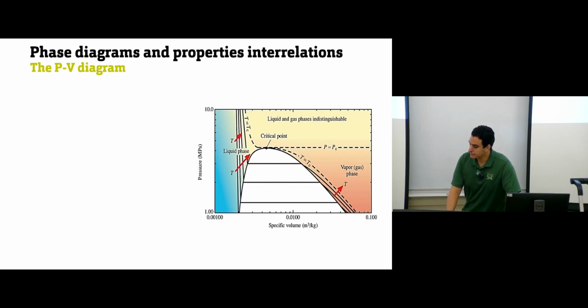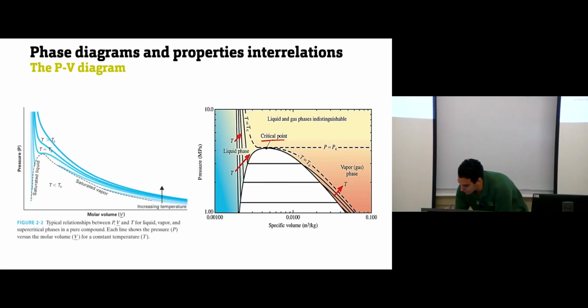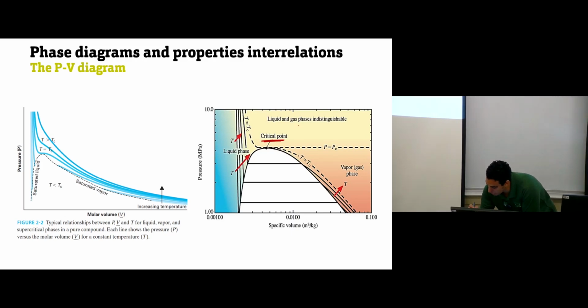And again, for any points above the critical point, we have no phase change. So this region is mixture. This region represents the liquid phase. This one represents the vapor phase. Here above the critical point, no phase change.